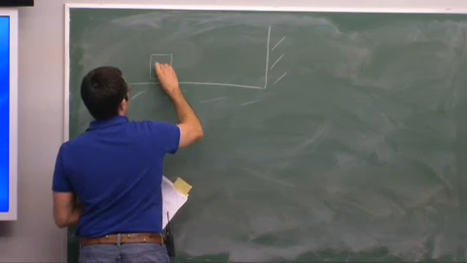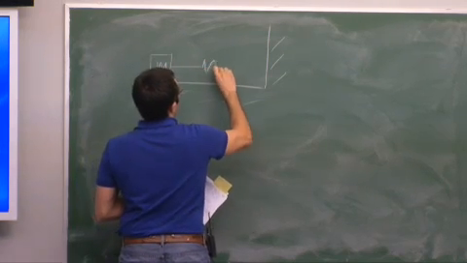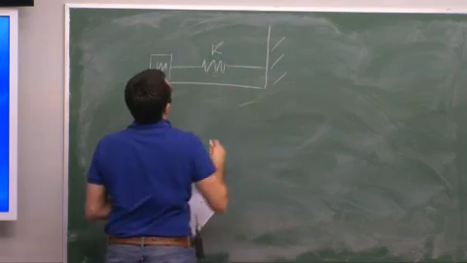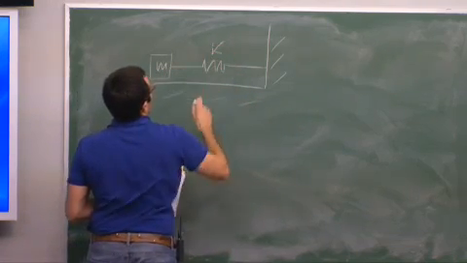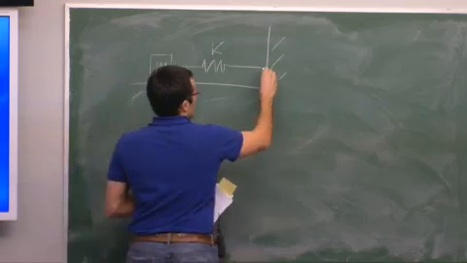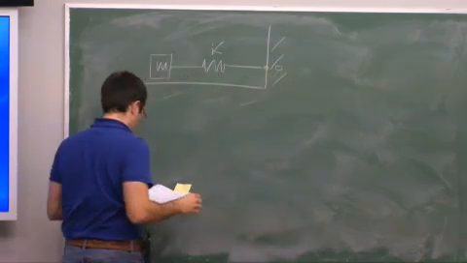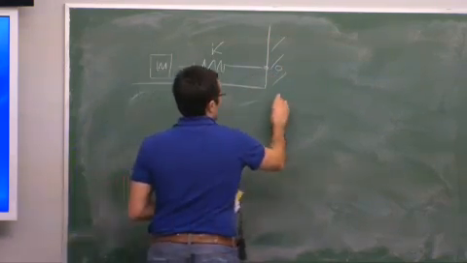It's the typical block of mass m that is attached to a wall through a spring of constant k, and then calling this attachment point O. But this is the ground, which is inertial.